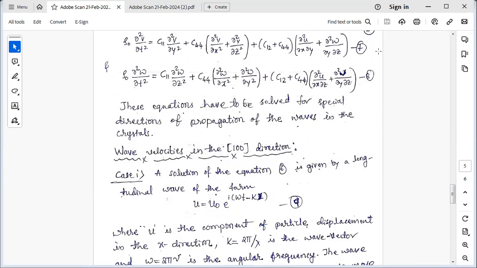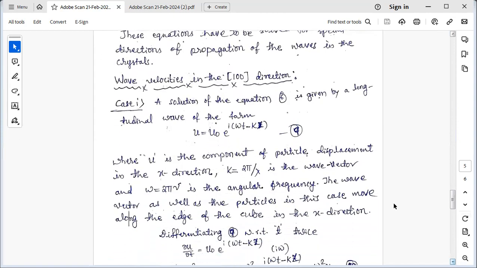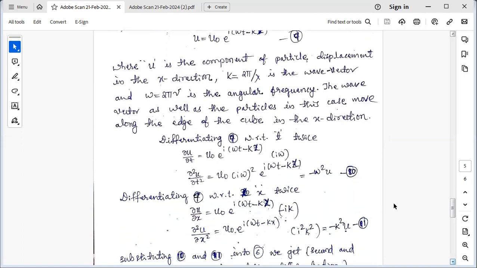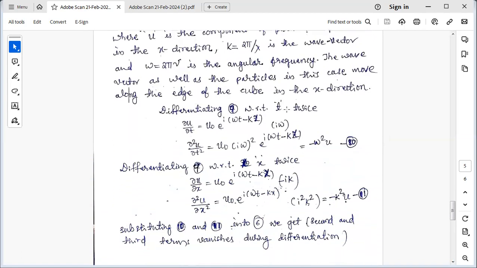So now what I will do, this is the equation number, just I will check, 7, 8, this is equation 9. So I am differentiating equation 9 twice with respect to t, meaning time. This is one time differentiation. This is another time differentiation. So when you differentiate one time, here i omega comes. When you differentiate again, this i omega again repeats, so that gives the square. So this i square is there.